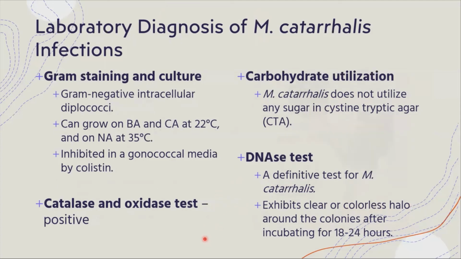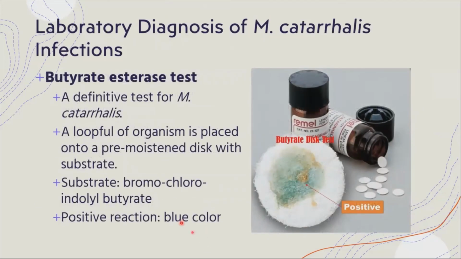Another definitive test is the butyrate esterase test, wherein a loop full of organism is placed onto a pre-moistened disc with the substrate, okay, which is yung butyrate. And then, ito nga, yung bromochloroindolyl butyrate, okay, so the butyrate enzyme.